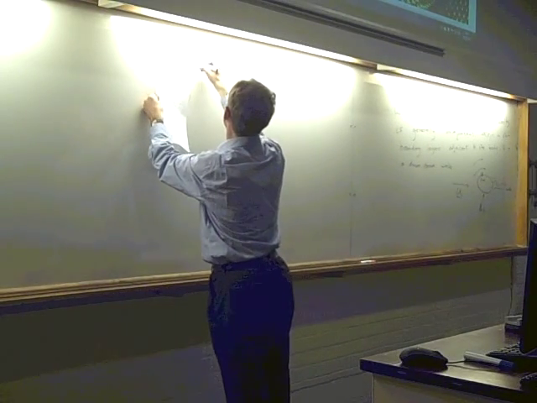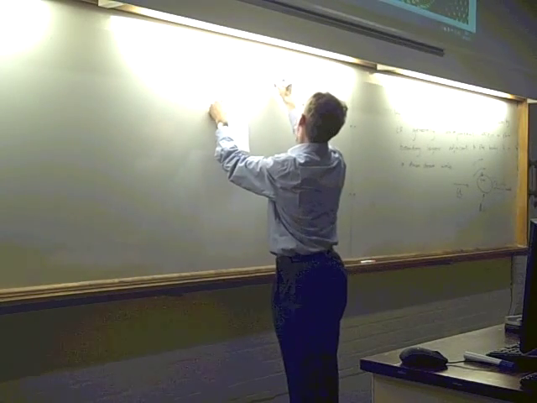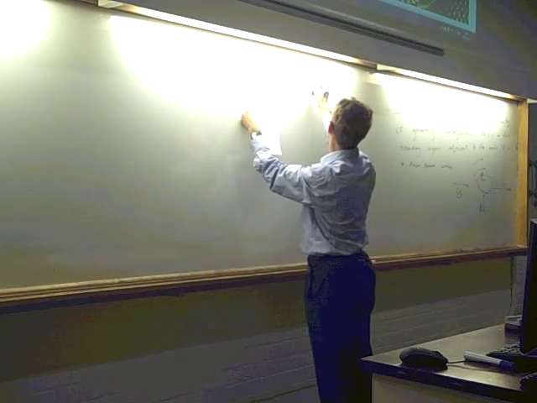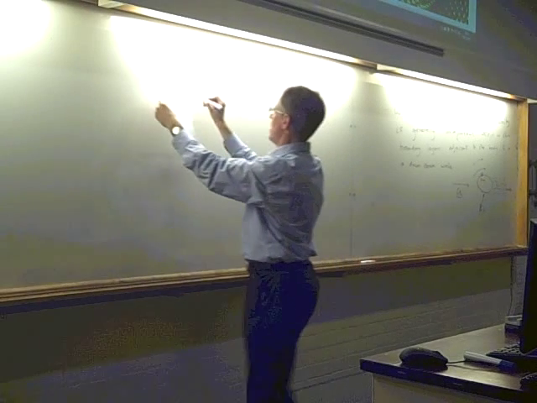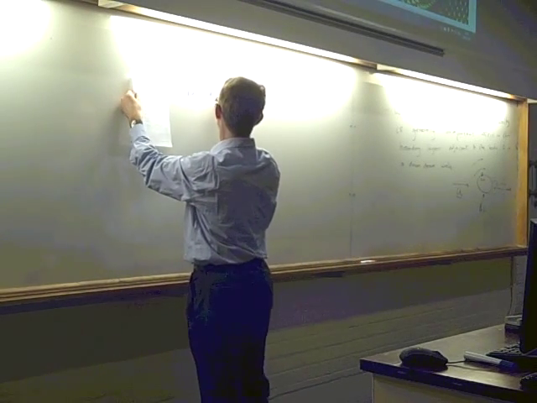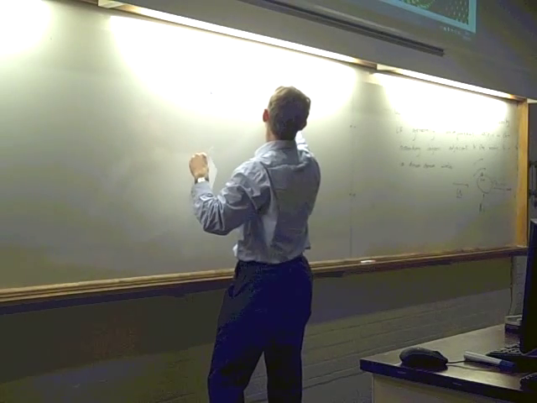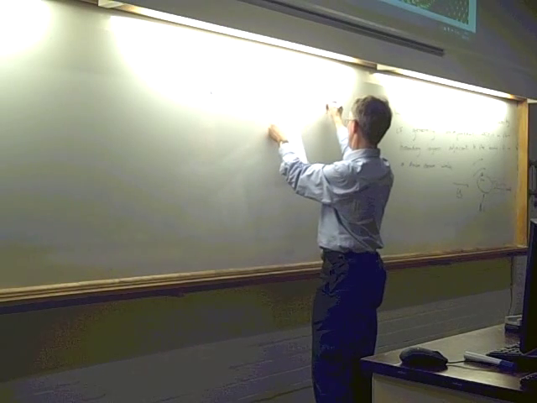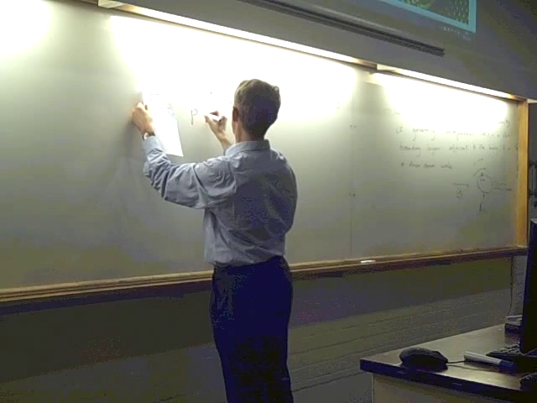So the basic boundary layer approximation is to neglect diffusion of vorticity parallel to the boundary.